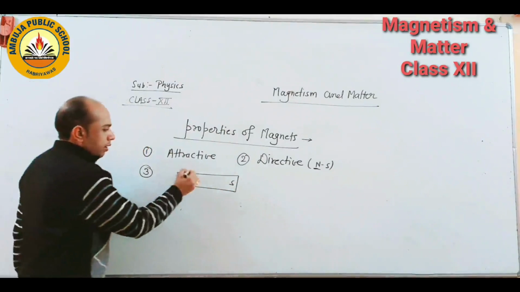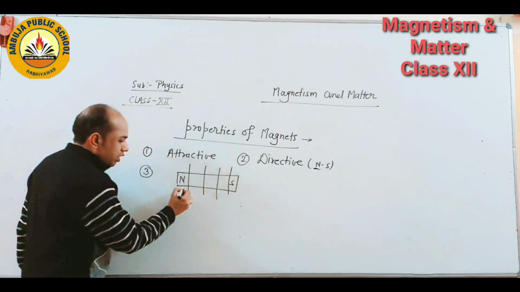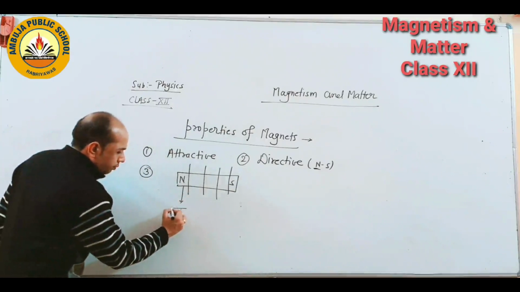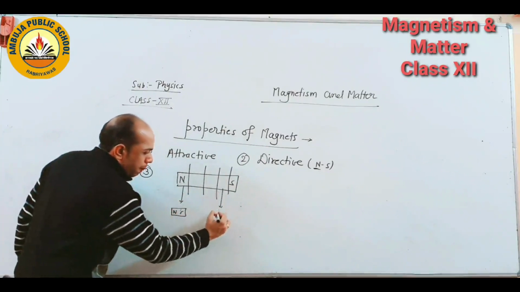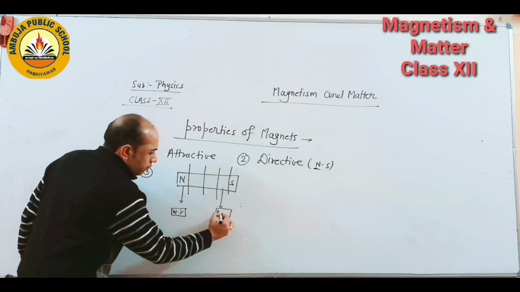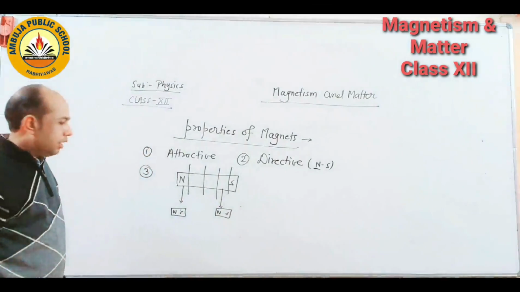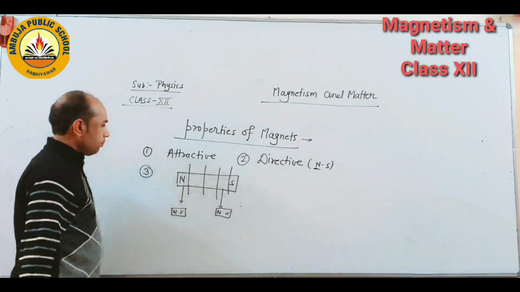If we cut the magnet into a number of pieces, each part shows two poles, north and south. That means every part of the magnet is treated again as a single magnet and it has two poles.